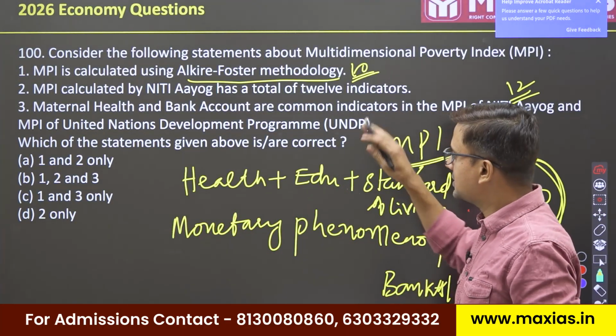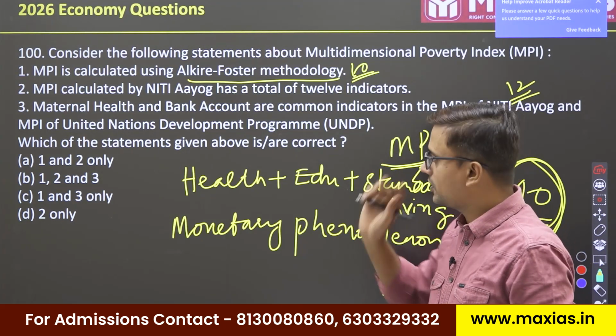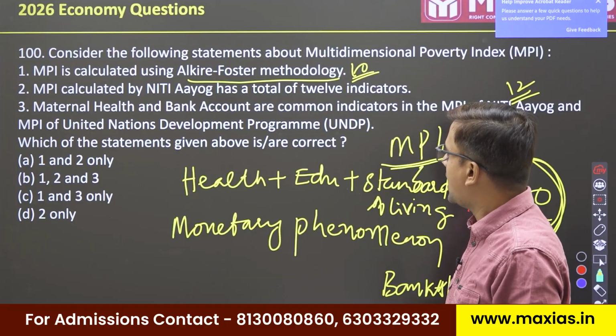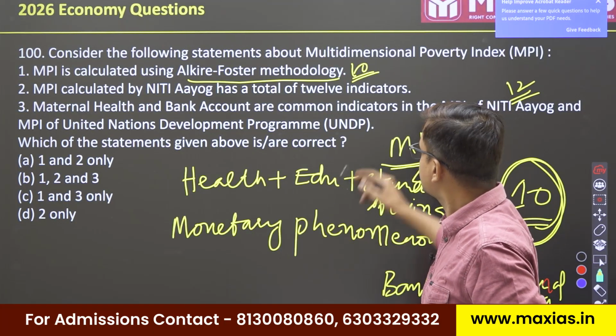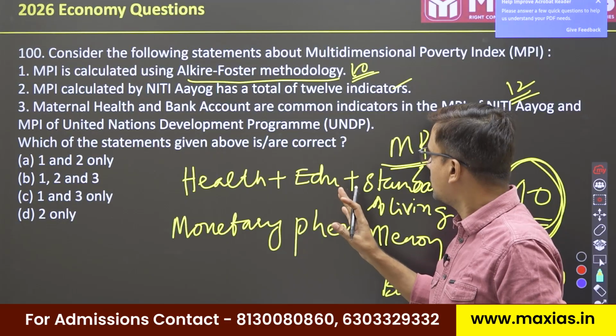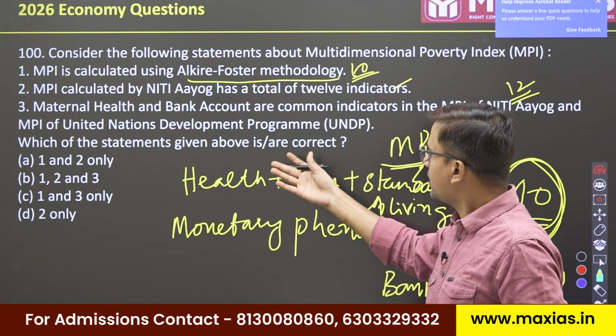Now let's read the statements. MPI is using Alkire-Foster methodology. Correct. MPI calculated by Niti Aayog has a total of 12 indicators. Correct. Maternal health and bank account are common indicators in MPI and the MPI of UNDP.